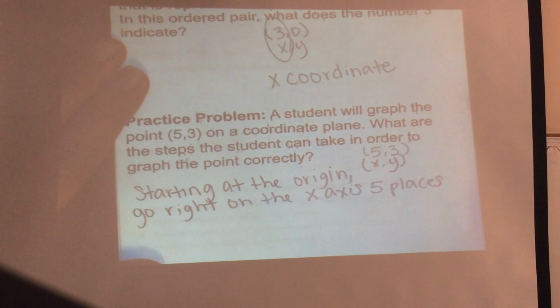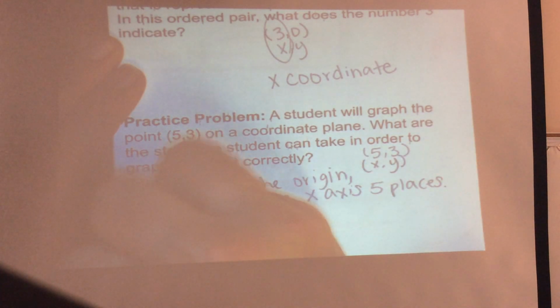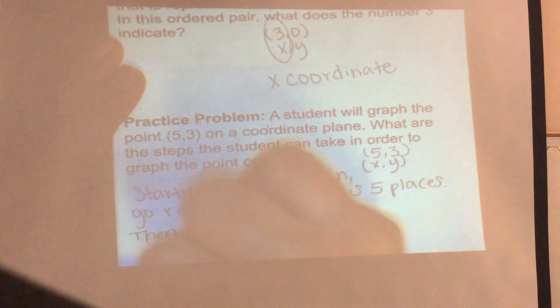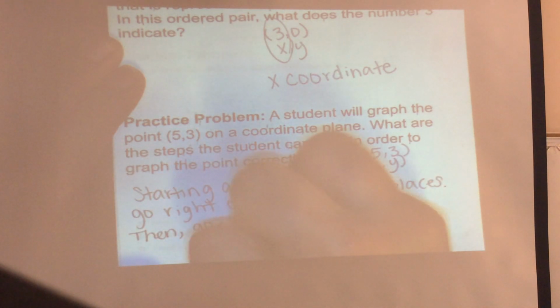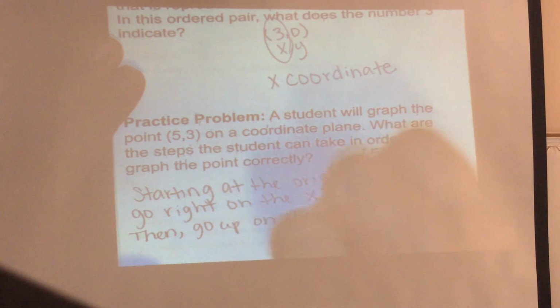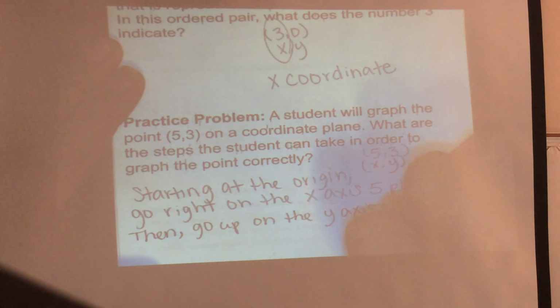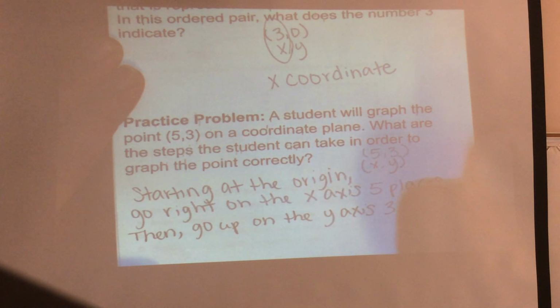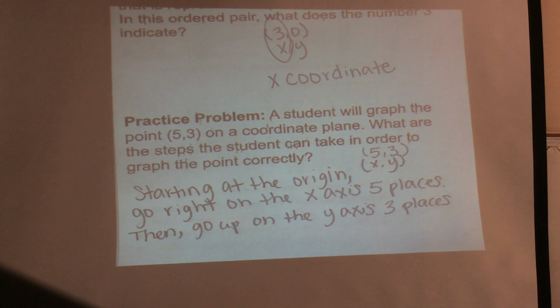My y coordinate is 3, so then I'm going to say then go up on the y-axis 3 places. I am going to underline some words in my statement that can be interchanged with some other words.